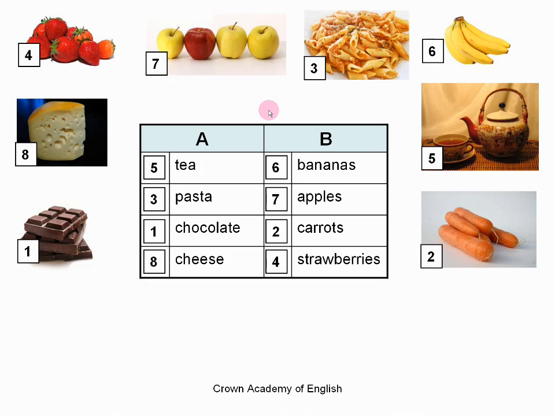And now I have some more questions for you. Which list has plural nouns in it? List A or list B? Is list A of these plural nouns, or is it list B?